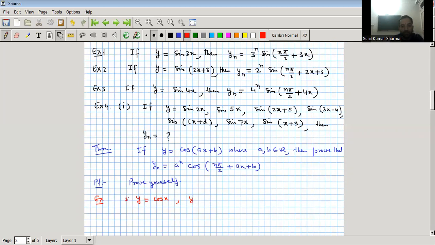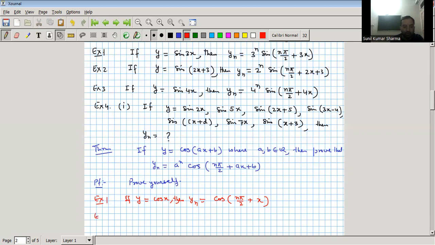Then the nth derivative of this function is, can anyone tell me? Yes. So a is 1. So 1 to the power n, cos of n pi by 2 plus x. B is 0. Very good.